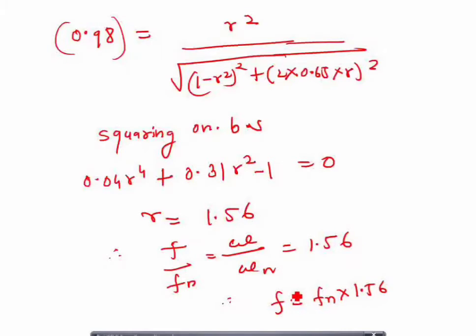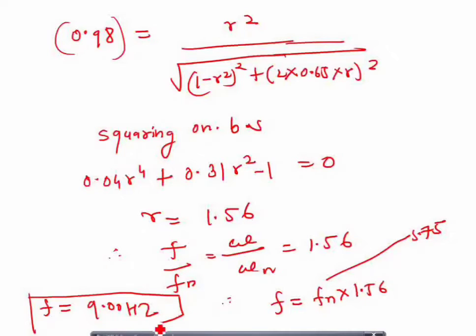With fn equal to 5.75 hertz, I am getting f is equal to 9.00 hertz. So the final answer is that the frequency beyond which the amplitude can be measured within 2% error is 9.00 hertz.